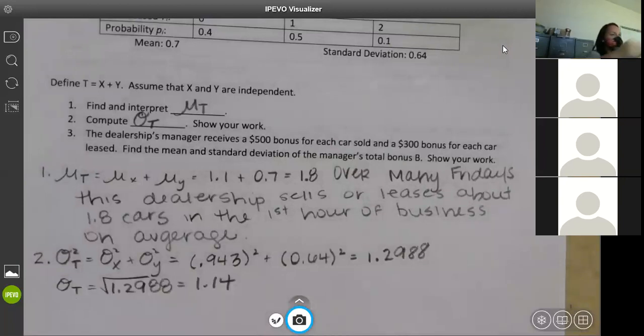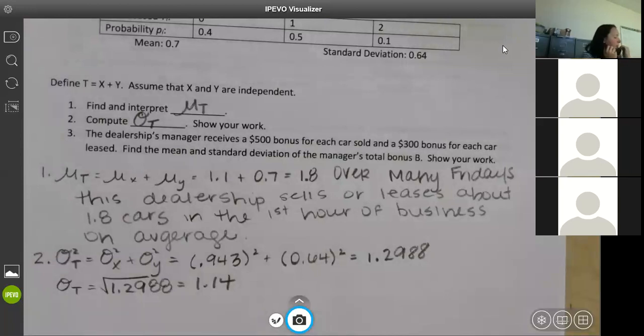What is standard deviation? So the typical distance from the mean in context of the problem. So the typical distance is about 1.14 cars from the mean on any given Friday in the first hour of business.